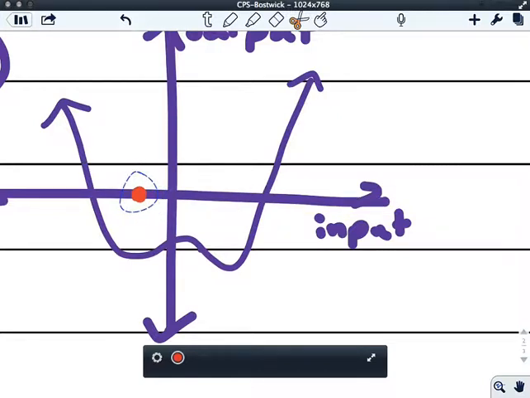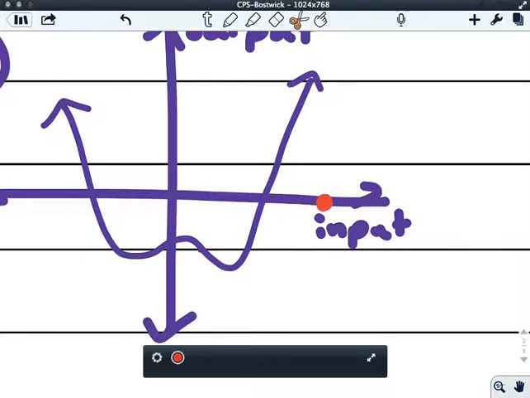let me make my tool a little bit nicer here. So if I choose any of these inputs, I choose the input and then I find out where it maps. So I go here, let's say I choose this input right here. It maps to this exact output right here on the graph.